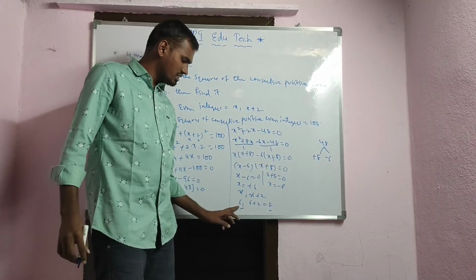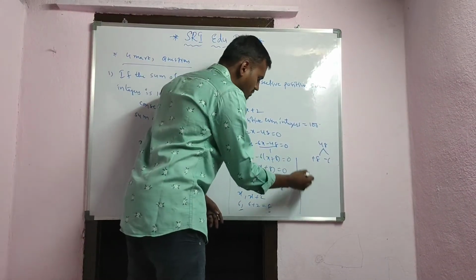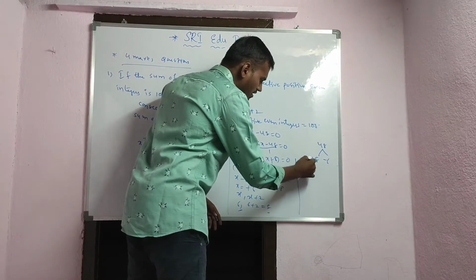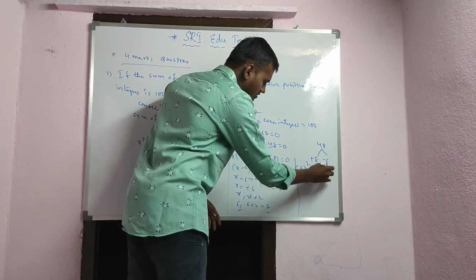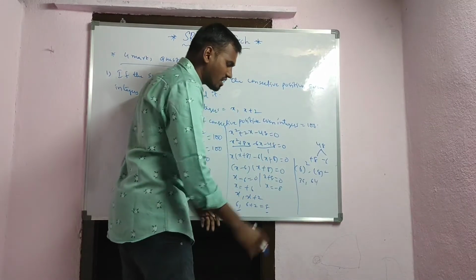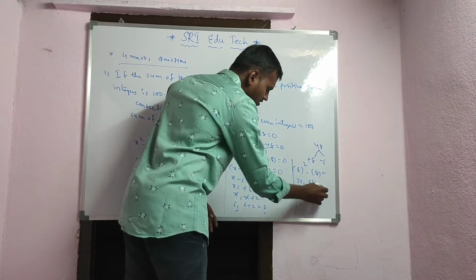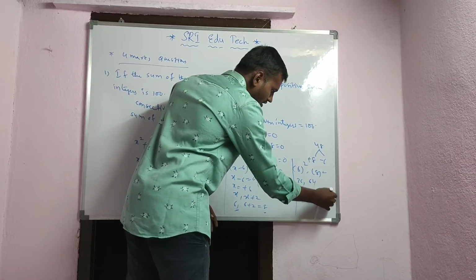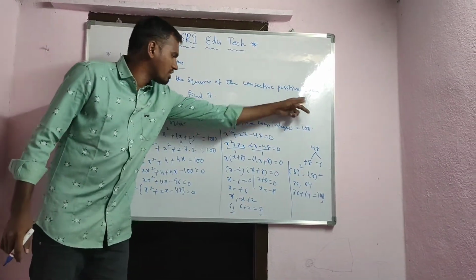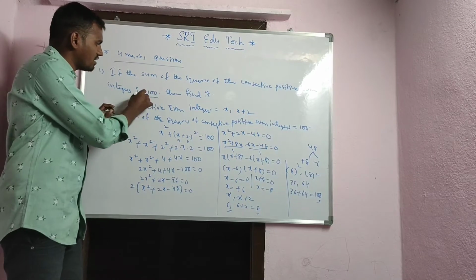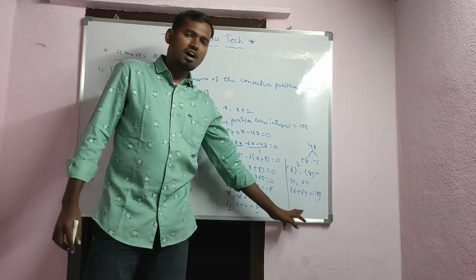Squares means 6 square, 8 square. 6 square is 36 and 8 square is 64. Then the sum, 36 plus 64, is equal to 100. In this question also, the sum of the squares of the consecutive positive integers is given as 100. Here also we got 100, so this is the answer for this question.